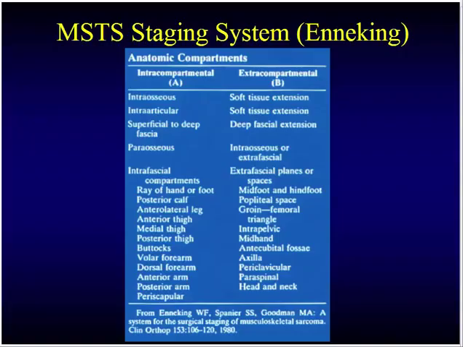You don't need to memorize them, but it's pretty clear that some spaces like intrafascial components, posterior calf, anterolateral leg, anterior thigh are pretty well confined compartments, whereas extrafascial planes or spaces like the popliteal space, the groin, the intrapelvic and all are extracompartmental. There's nothing to contain it. It's easy to take a tumor out of an anterior thigh because it only stays in the anterior thigh usually. But if it's in the groin, it's not contained anywhere, and it kind of crawls into the thigh and crawls into the pelvis and so on and so forth.